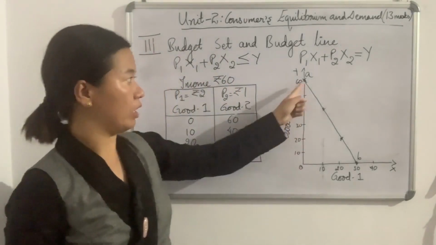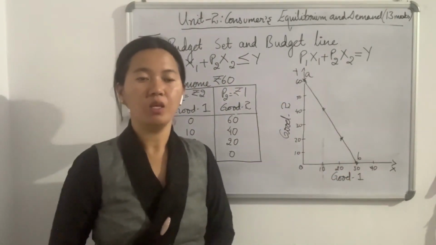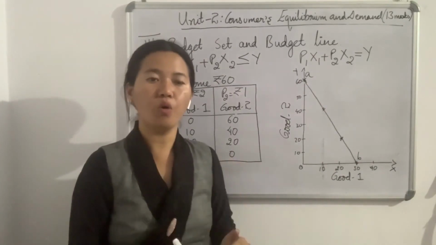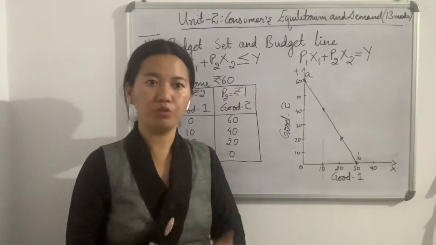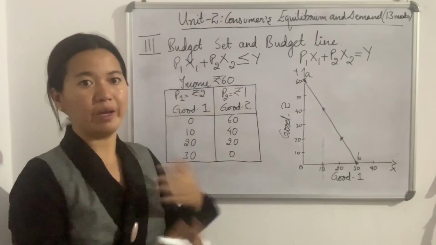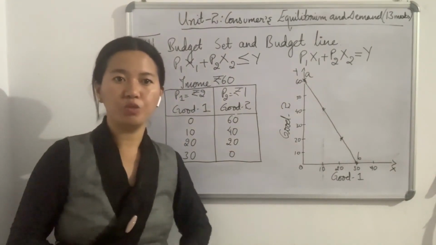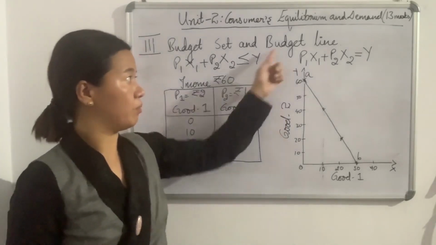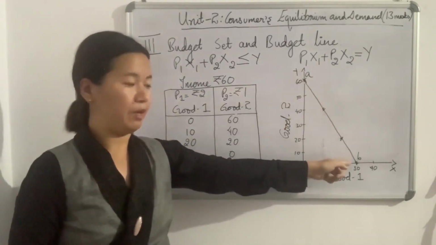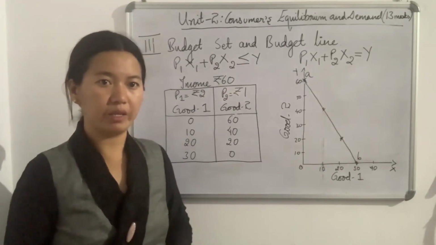So when you talk about AB, you are spending your whole income on the purchase of two commodities. In this case, I have 60 rupees, and I'm spending all of my 60 rupees to consume two commodities. So that is your budget line, and AB utilizes full income.